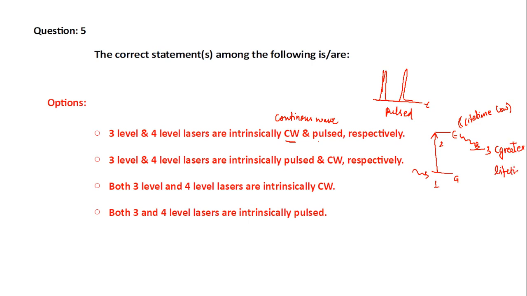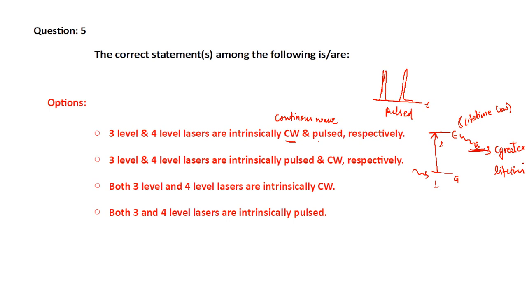What has happened now? Suppose within a fraction of a second, the molecules have been excited from 1 to 2. Since the lifetime of this state is very low, they have reached 3.